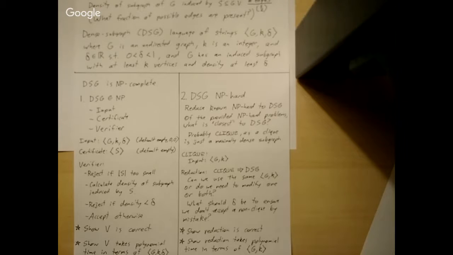Write it down on your cheat sheet. Yeah, I like that. I wouldn't worry too much about getting delta exactly right. I mean, also give your logic behind it.